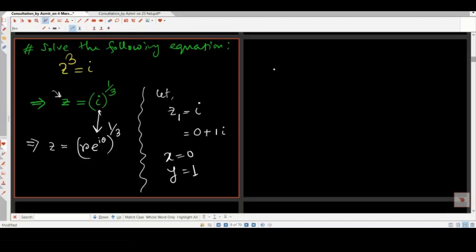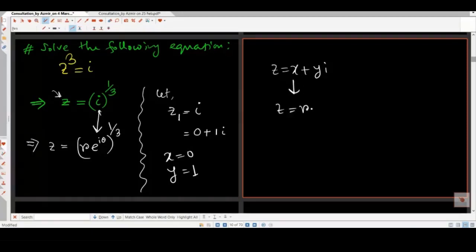We know that if we have z equals x plus yi, that is the rectangular form of a complex number, it can be converted to z equals r e to the power i theta. That is called the polar form. Using this concept, we can convert the rectangular form inside the parenthesis to polar form.